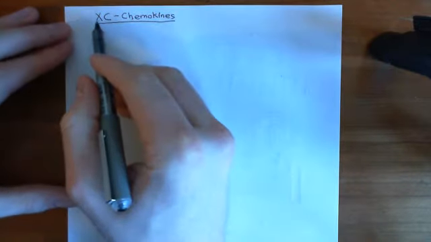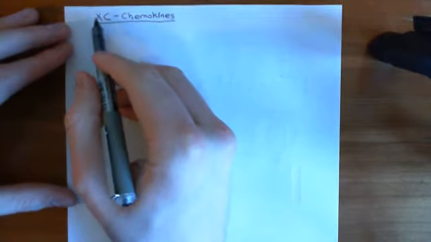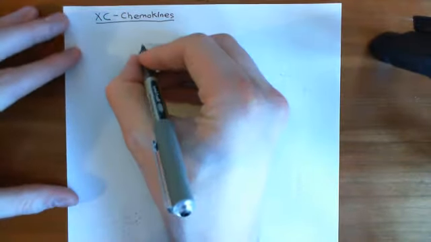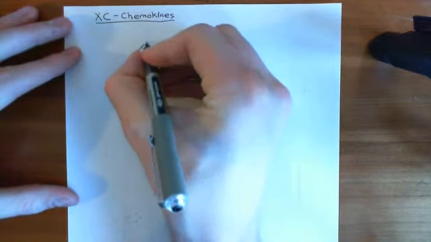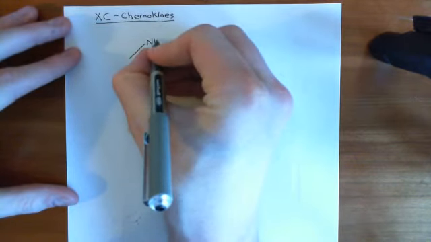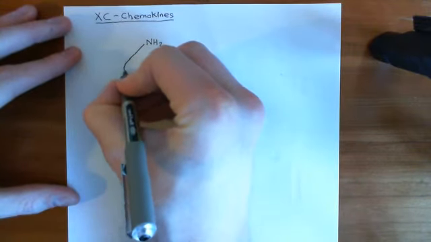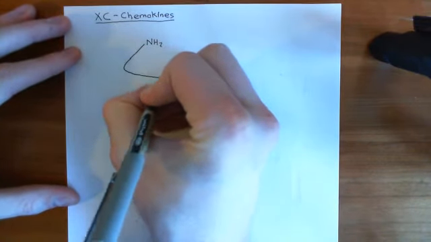So that's why this X is here. It basically tells you that there is no cysteine 1. So you only have one disulfide bond holding the entire thing together in XC chemokines. So here is the amino group. It'll go around like so.